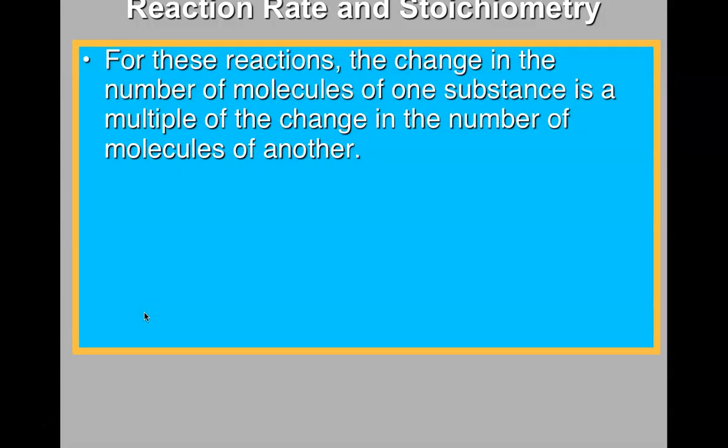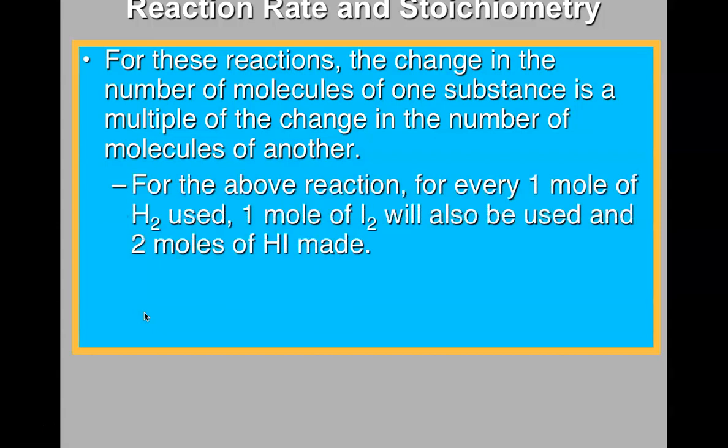For these reactions, the change in the number of molecules of one substance is a multiple of the change in the number of molecules of the other. So again, the coefficient is a mole ratio. It enables you to relate the disappearance of one thing to the appearance of something else. Or as in stoichiometry, you can relate any two things you want. Two reactants to each other, two products to each other, doesn't make a difference.